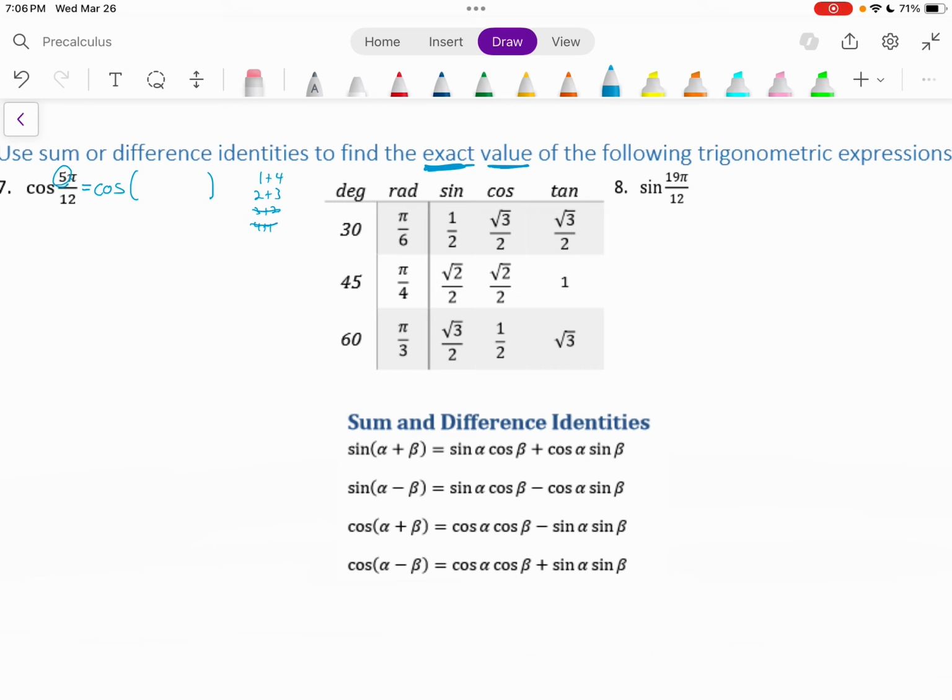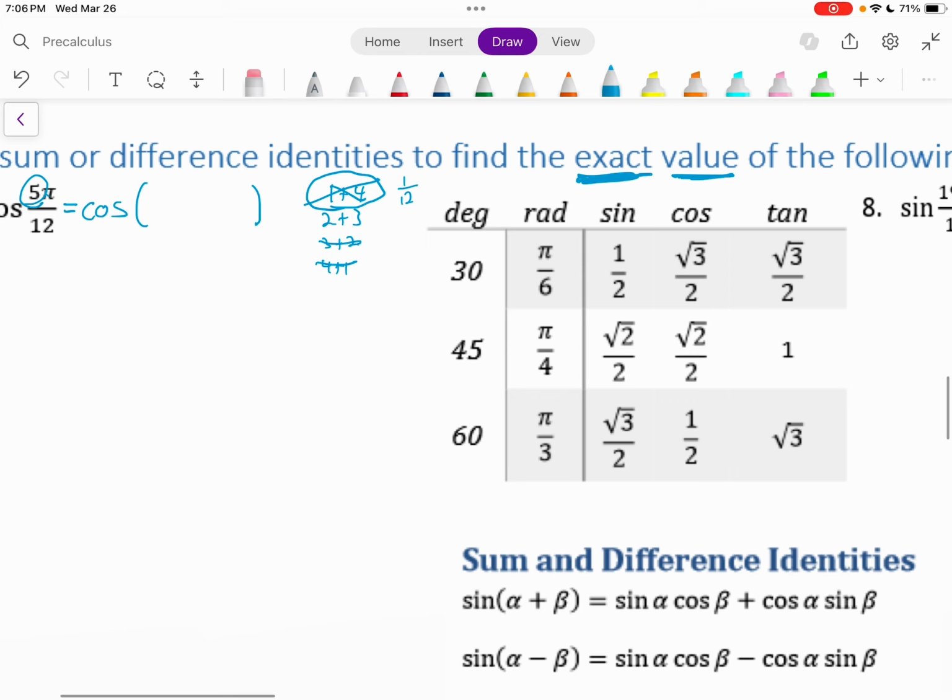And we want numbers that both can reduce with 12. So if I had 1/12, does that reduce? Well, no, 1/12 doesn't reduce, so it's not going to be this one. Just to think through that a little more, does 2/12 reduce? Yes, 2/12 reduces. Does 3/12 reduce?